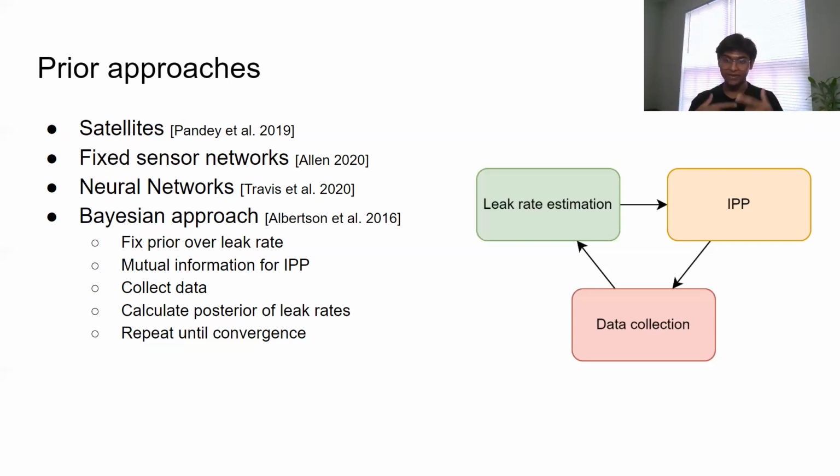The process was repeated until the leak rates converged to the underlying true leak rates. Our solution is based on the approach presented by Albertson et al. So let's dig a little deeper into the prior work and what they did. That will give you a better picture of how we improve on it.